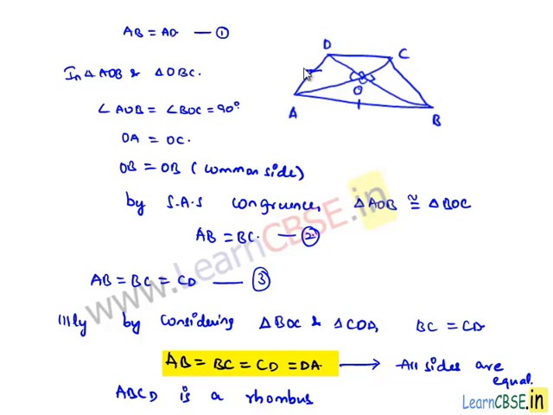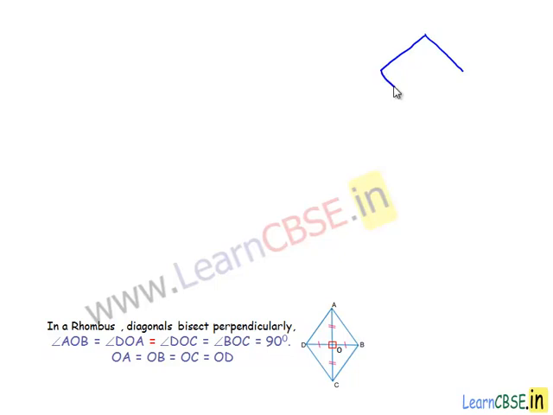Now let us clearly note on the figure that ABCD is a rhombus with AB is equal to BC is equal to CD, in which the diagonals bisect each other perpendicularly at point O. Here he asked us to prove that ABCD is a square.